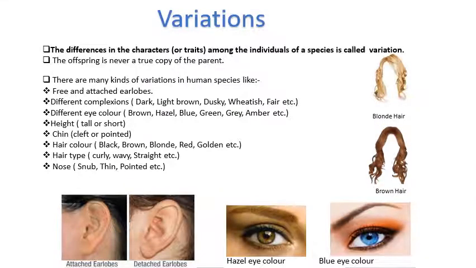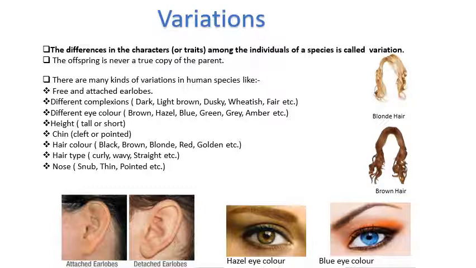Now, variations. The variations or the differences in the characters or traits among the individuals of a species are called variation. That is, the offspring are never a true copy of their parents. They are somewhat different. There are many kinds of variation in the human species, like free and attached earlobes, different complexions like dark, light brown, dusky, whitish, fair, etc. Different eye colors: brown, hazel, blue, green, grey, amber, etc. Height: some are tall, some are short.